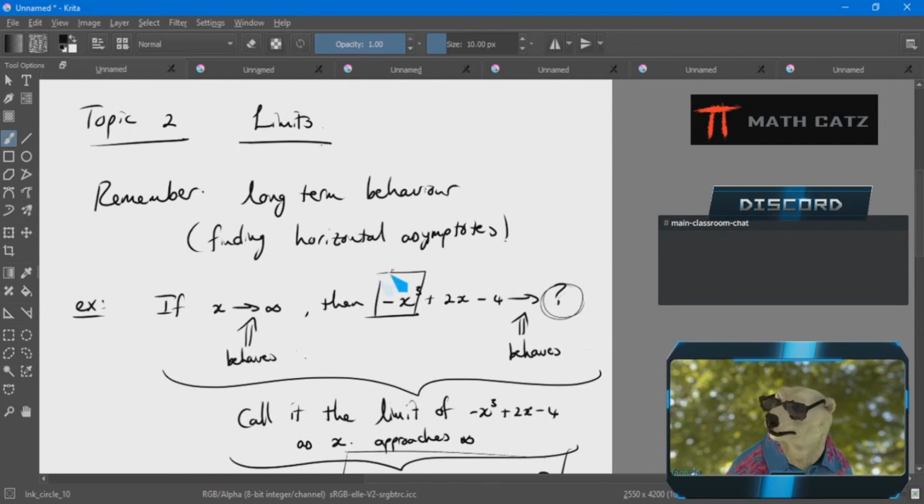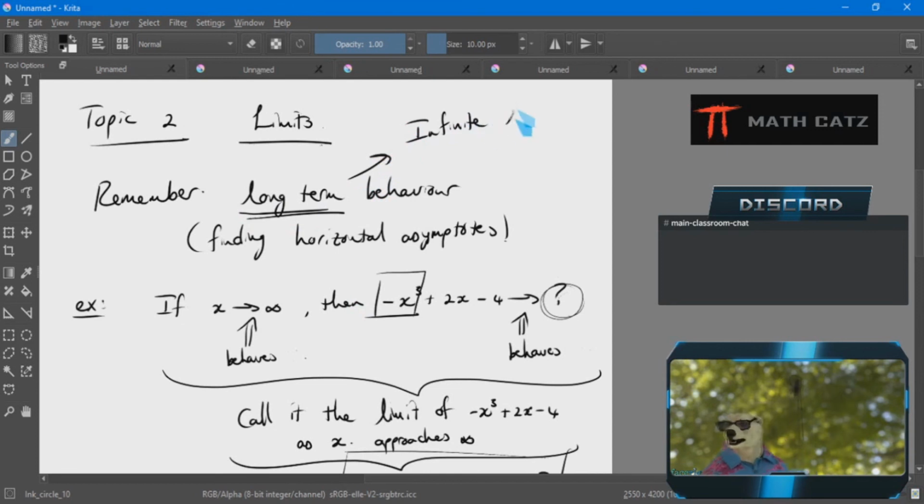Long-term behavior, infinite limits. That refers to x approaching plus or minus infinity, not the answer, not what the function is doing.